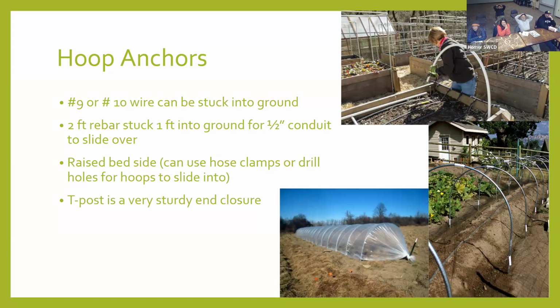We'll see. I might have a picture, but I don't think I do. And then for raised beds, you can use hose clamps and secure them to the side of the raised bed, and that's a really great way as well. But yeah, lots of different options for that.